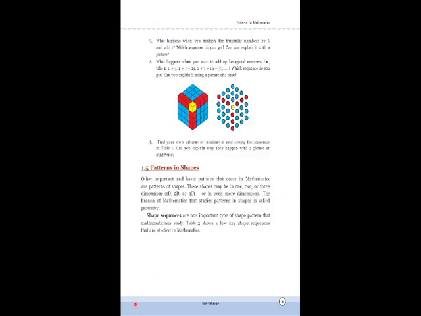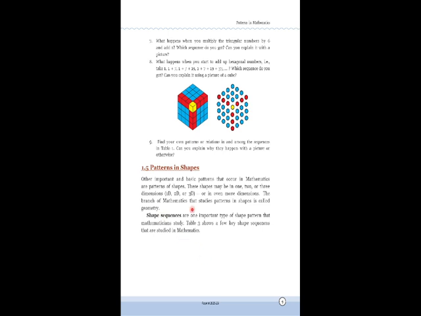Anyways, now for some patterns in shapes. Some other important and basic patterns that we can find in mathematics are patterns in shapes. These shapes can be of any dimension. They can be one-dimensional, two-dimensional, three-dimensional, or even more, like 4D, 5D, things like that.